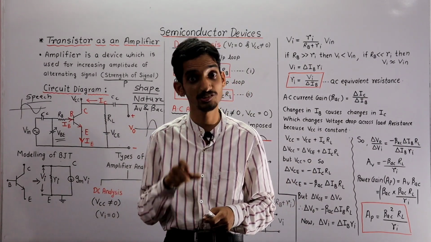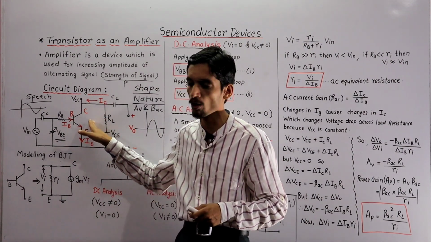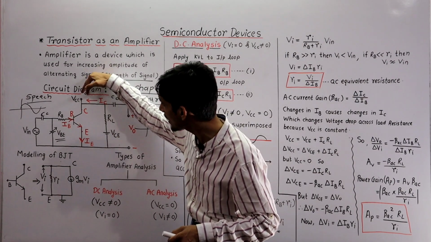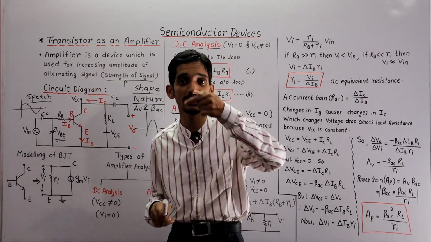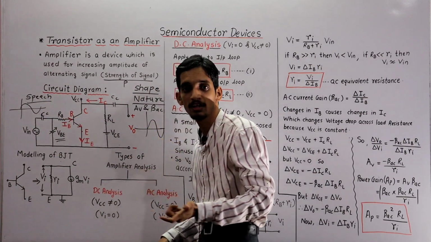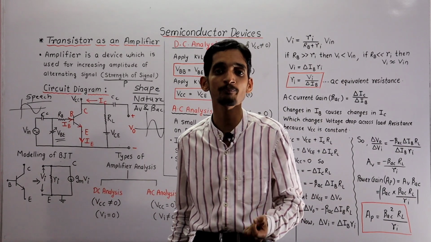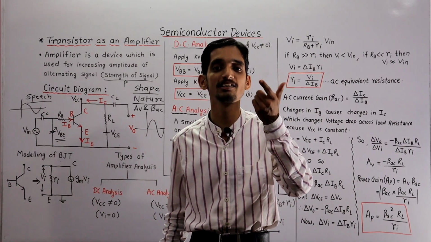This is an important question. I am getting that additional energy from the supply. So this supply will provide the additional energy to this input signal, and I get an increased magnitude signal, or a magnified or amplified signal.